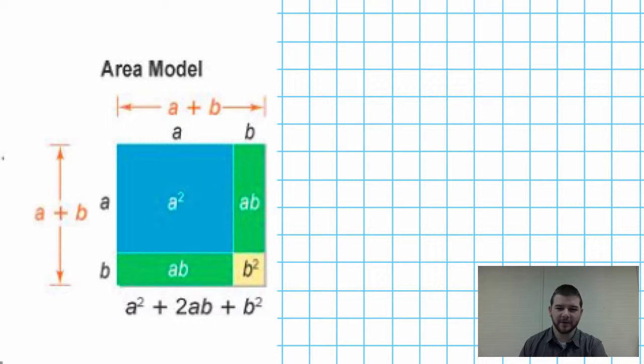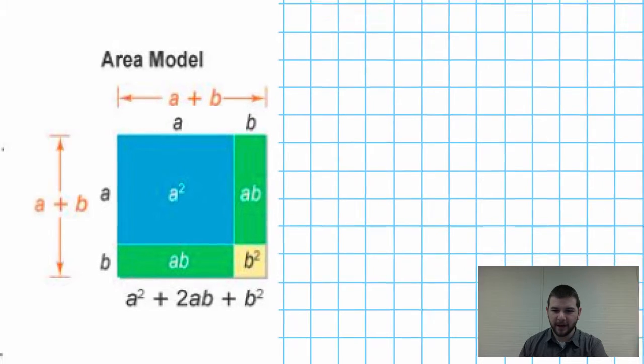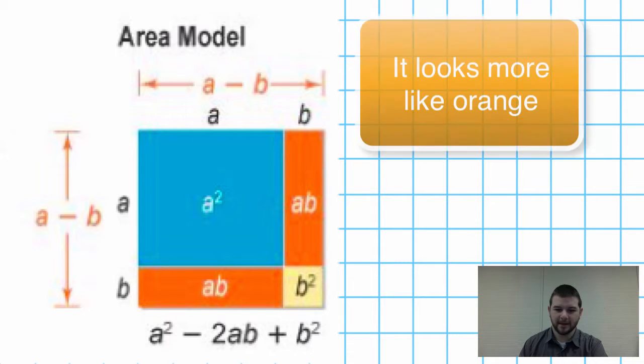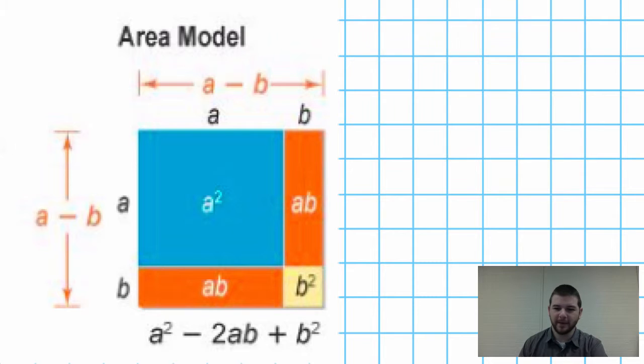A very similar model for difference. Note that the negative b is represented as red, so that may help explain why a minus b can actually appear to be a plus b. That value b is a negative, and so those rectangles are represented in red. Again, we have a squared, a times a, the blue square.